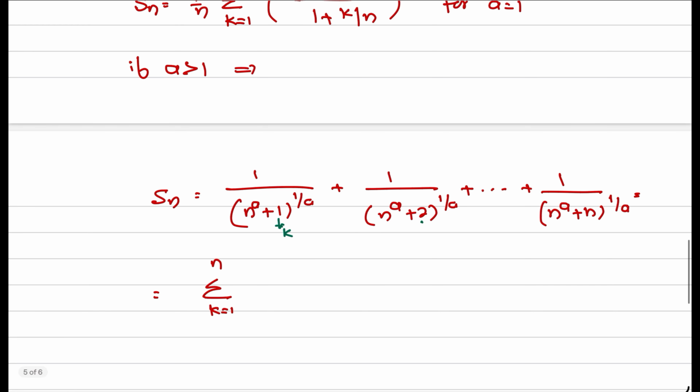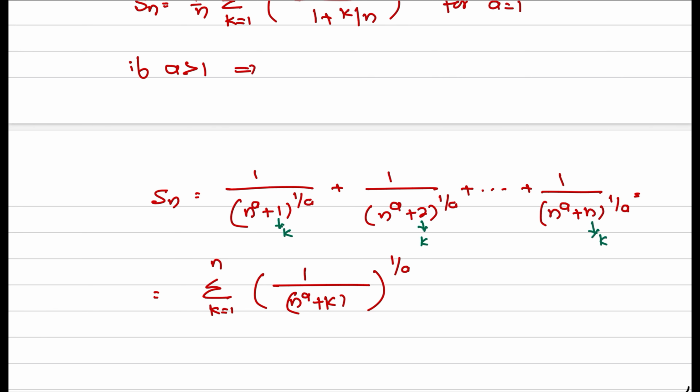k is equal to 1 to n. How to write it? Sigma k is equal to 1 to n of 1 by n to the power of a plus k, to the power of 1 by a.